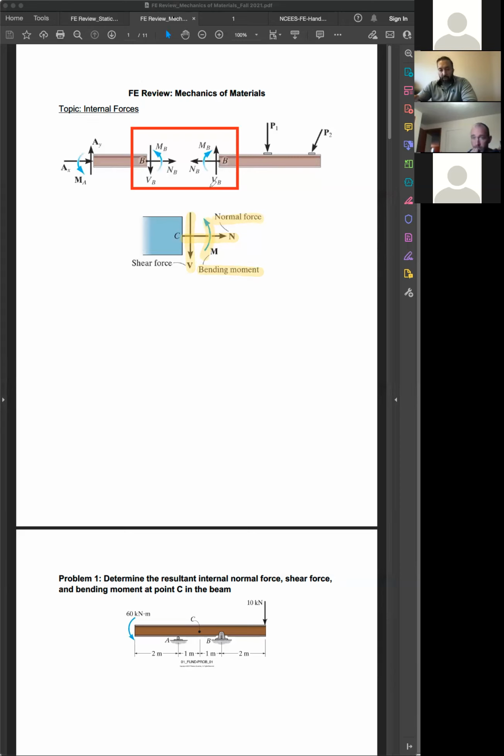So if I have a structure, if I cut the structure from this location, let me just show you, maybe I should have shown you the original beam first. So this was, for example, the original beam, right?